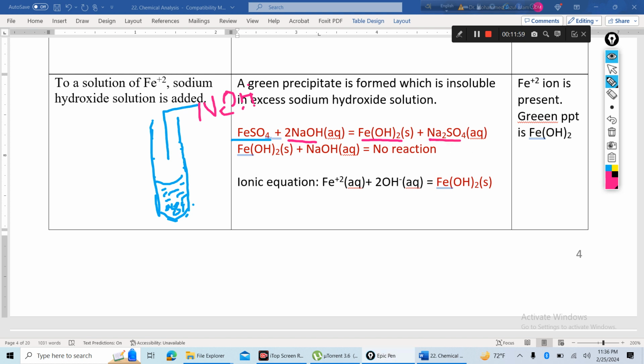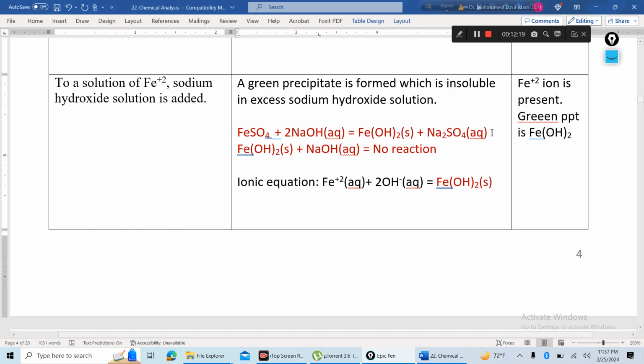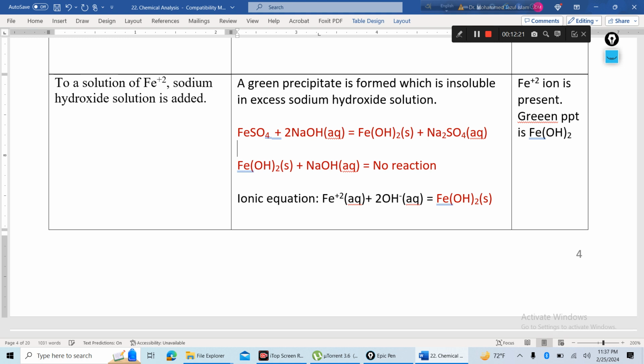Iron takes hydroxide ion, and iron 2 hydroxide, a green precipitate, is formed, plus sodium sulfate aqueous. The physical state of iron 2 sulfate will also be aqueous.